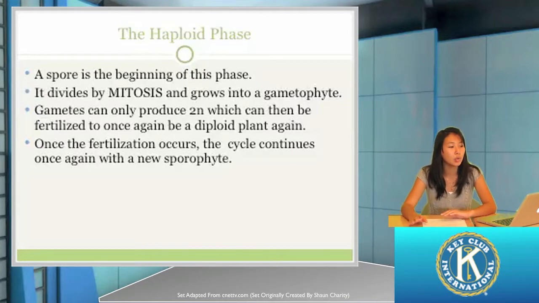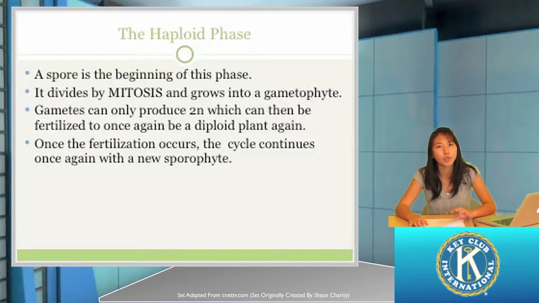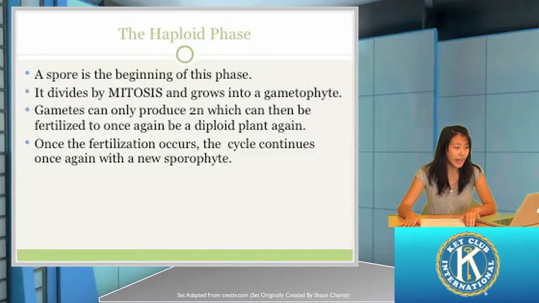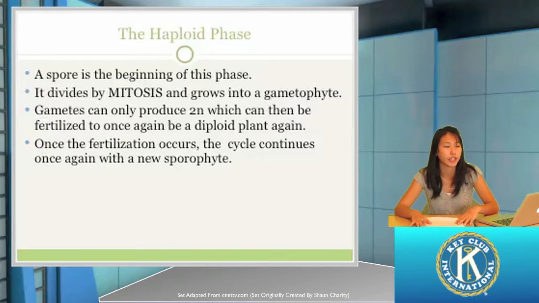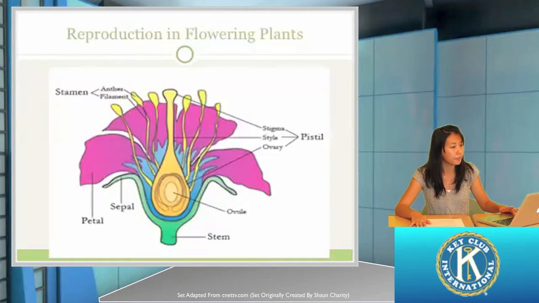The difference between that is gametes produce 2N, whereas sporophytes produce 1N. And the 2N can once again become fertilized to become the diploid plant. So that's where we see the cycle, and that's called the alternation of generations.